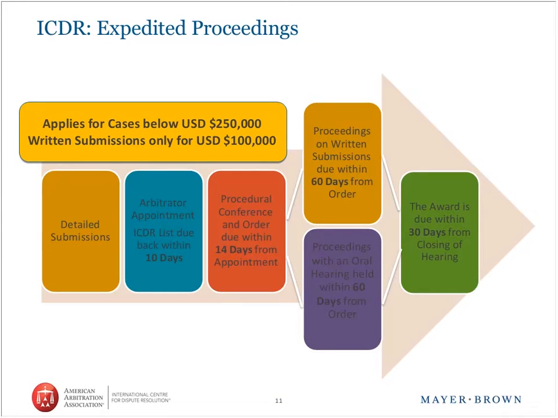I think one of the other key points to note is when we talk about detailed submissions, the first box there, it was really based upon a civil law philosophy, and let me tell you a little bit of background to that.